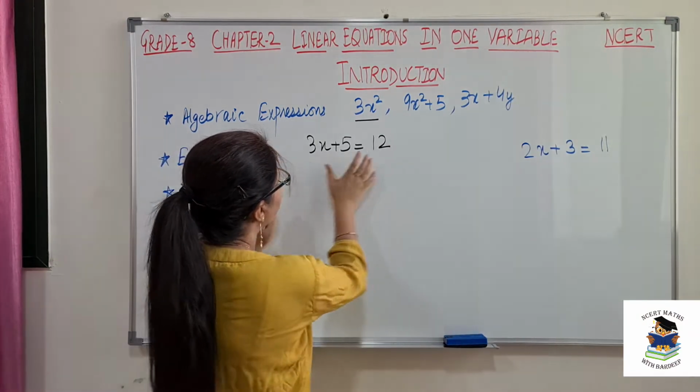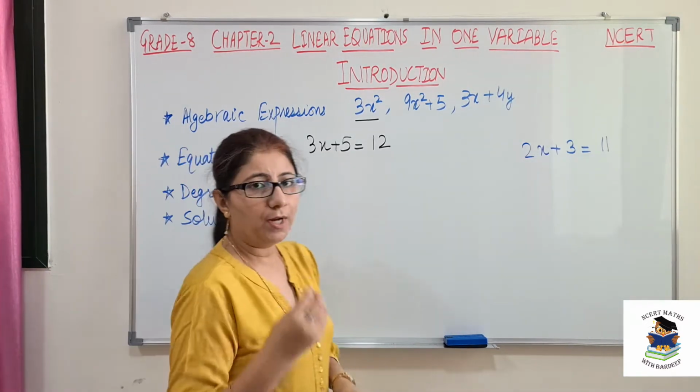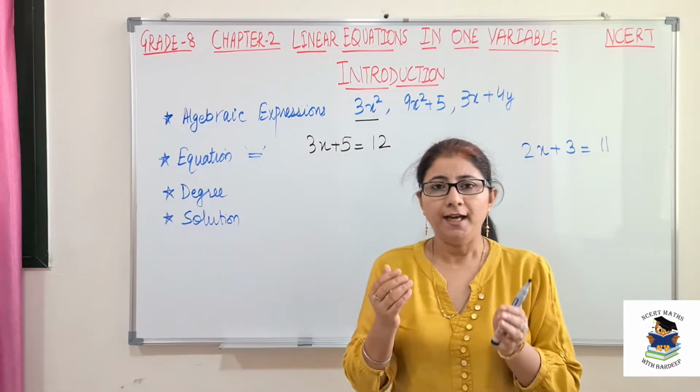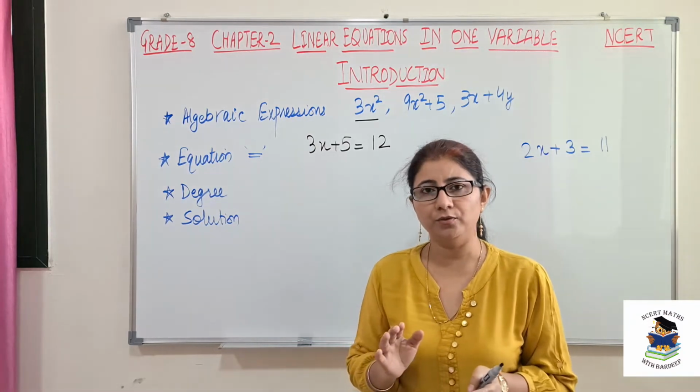So in an equation, we have both a left hand side and a right hand side. One thing to be noted here is that an equation is not true for all values of the variable.